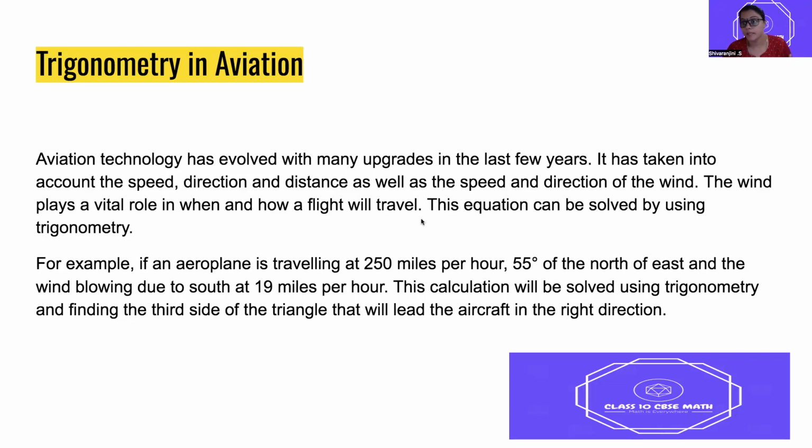When you have a storm kind of situation, it's very difficult for the pilot to land, right? So aviation makes use of trigonometric relationships in order to calculate whether the flight can land in the right direction, or in which direction the flight should take off. All of these things we are doing using trigonometry.